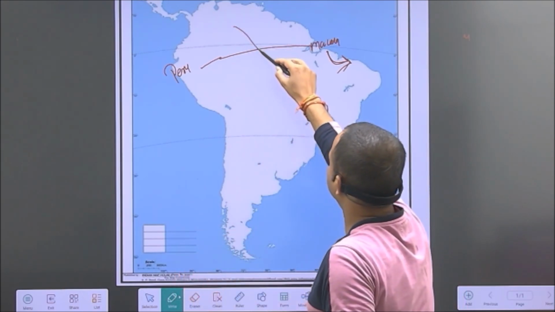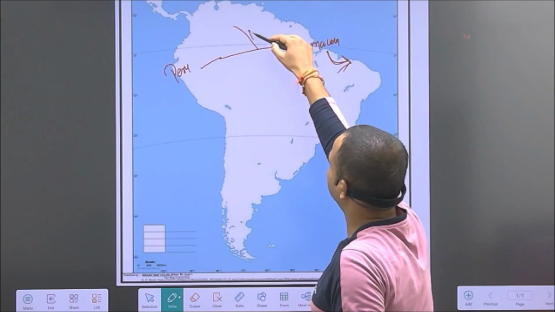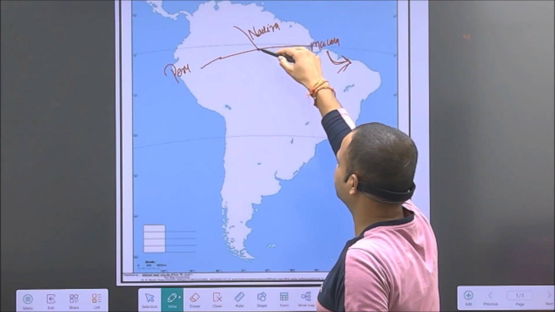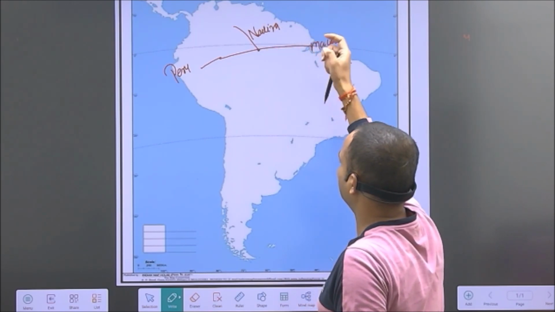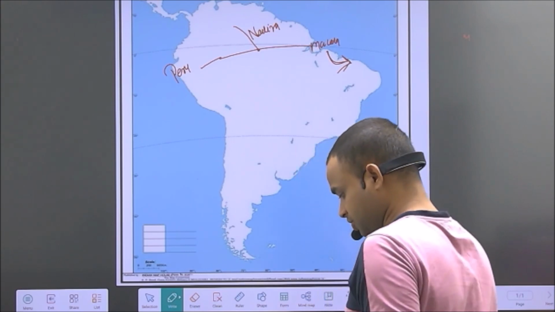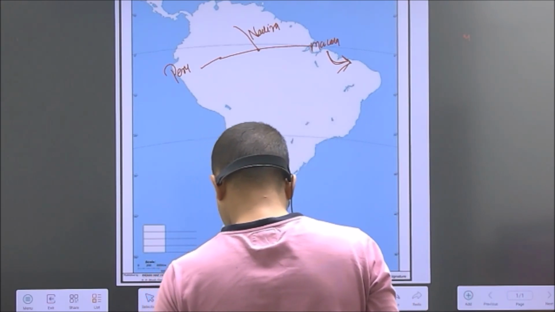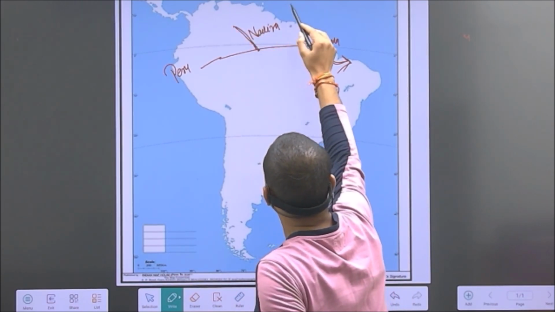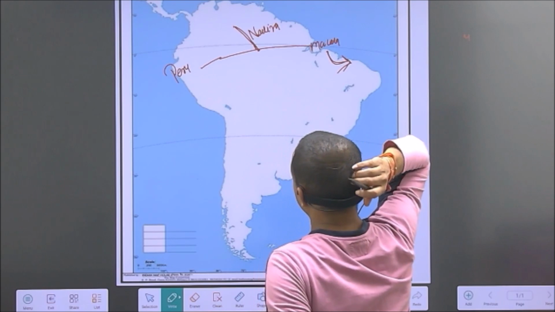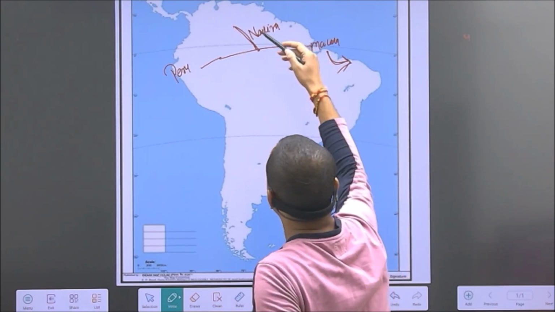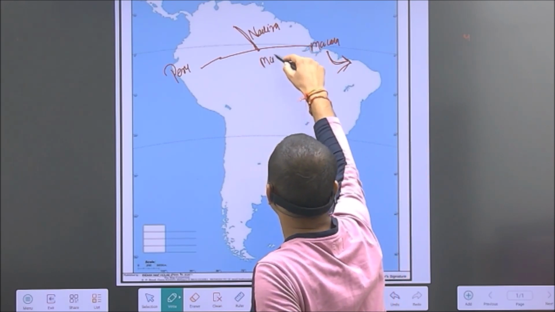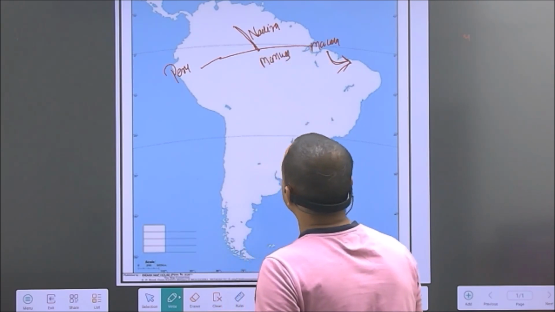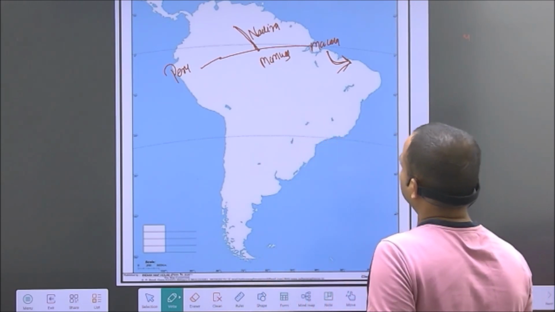Madeira is one tributary of the Amazon River, which lies near Manaus. Madeira is a tributary river of Amazon, which lies near Manaus, and Manaus is an important place for collecting rubber.